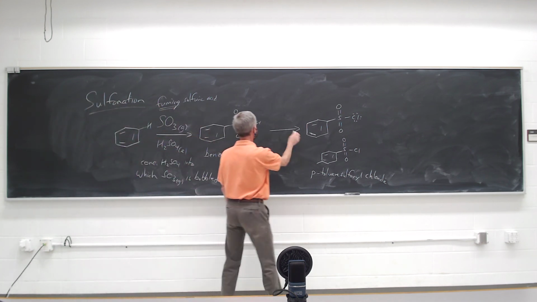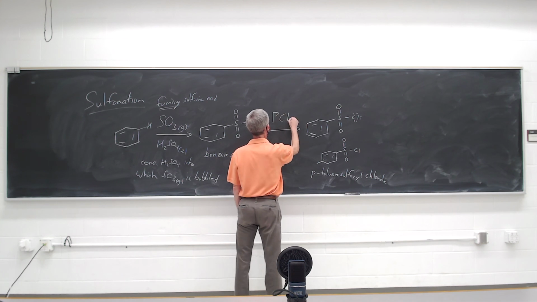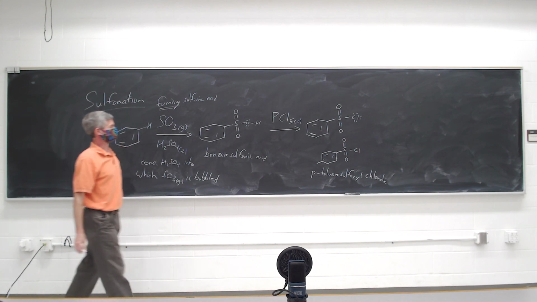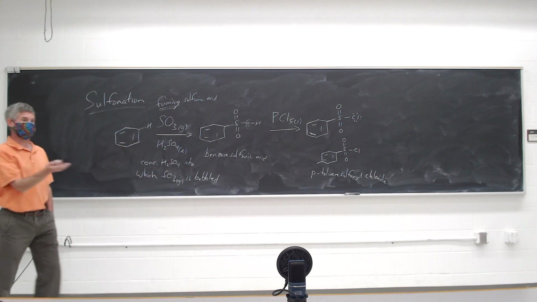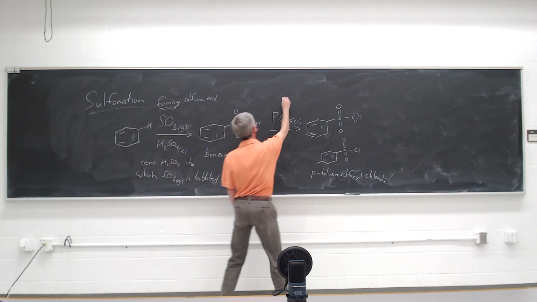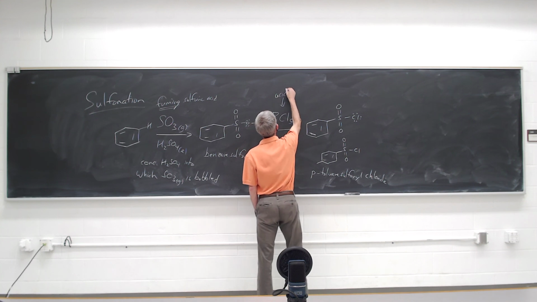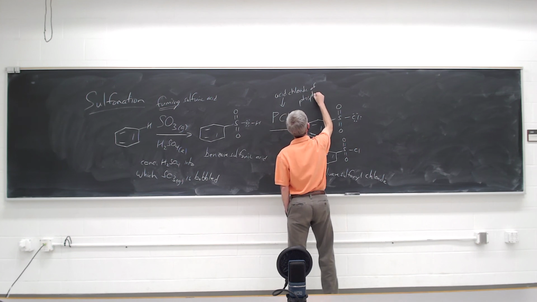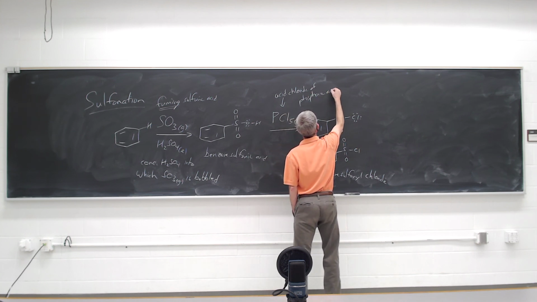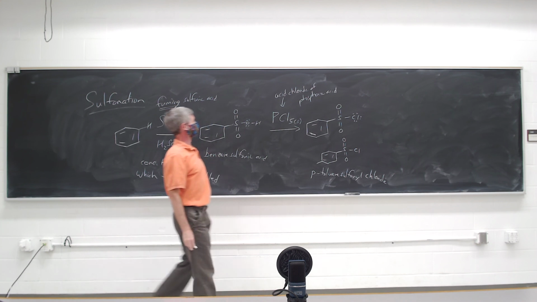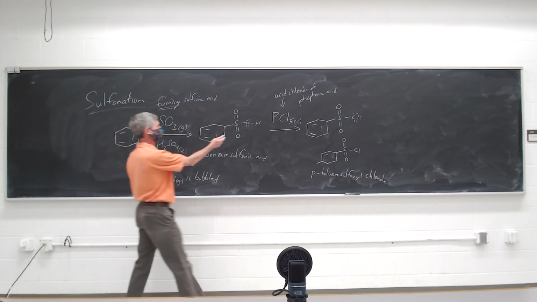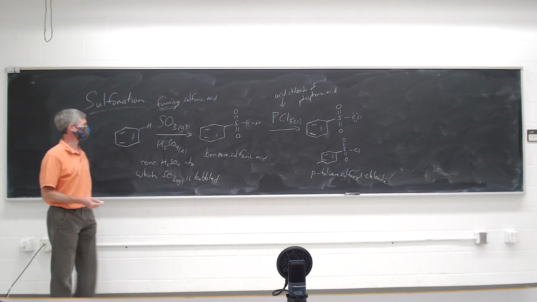The reagent that accomplishes this is PCl5, solid. And so we mix together basically the acid chloride of phosphoric acid. PCl5 is a really reactive source of phosphorus, and that'll generate the sulfonyl chloride from the sulfonic acid.